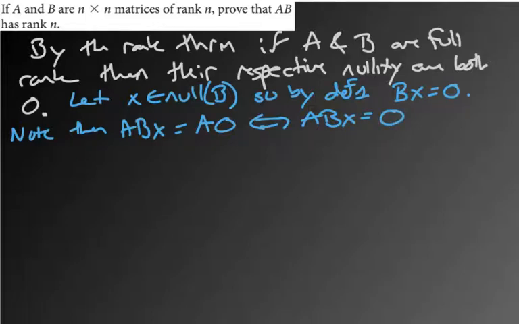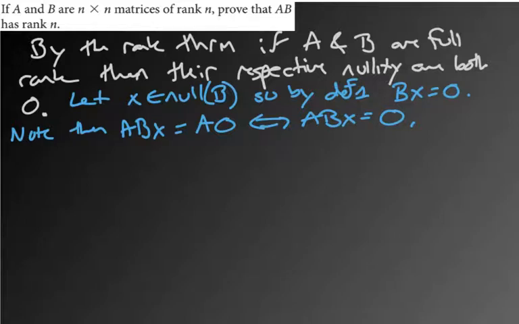So the idea here is, we know that if x is in the null space of B, the only thing it can be is the 0 vector, right? And so now we're seeing that x is in the null space of AB, so that x also needs to be the 0 vector.